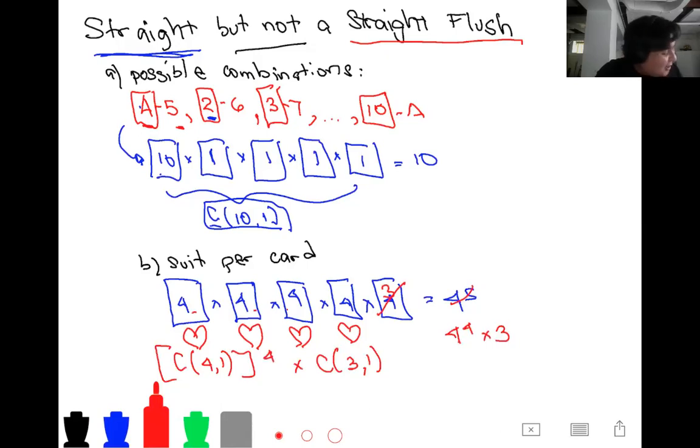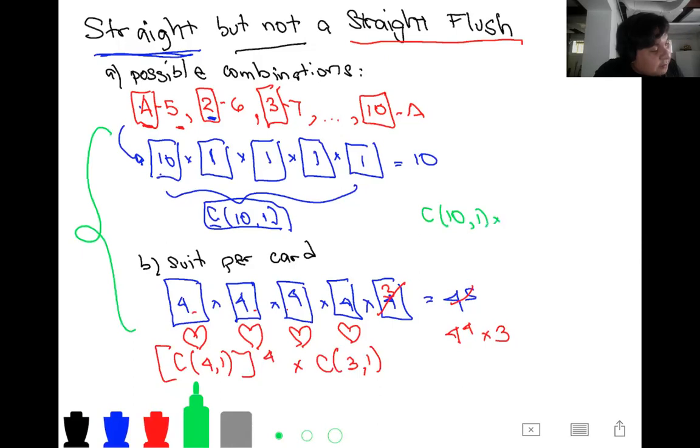Therefore, the actual number of straights that can be made, excluding straight flushes, would be the combination of these 2 properties. So it should be C of 10 taken 1 times C4 taken 1.